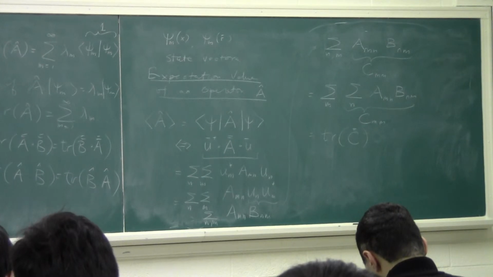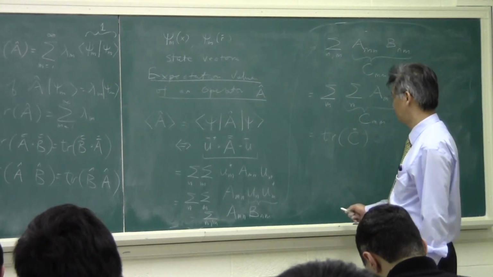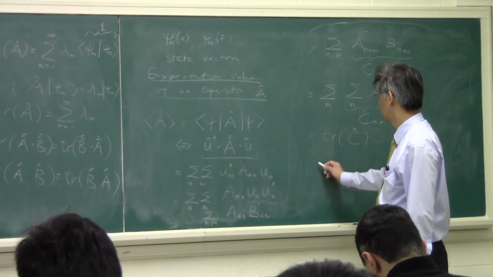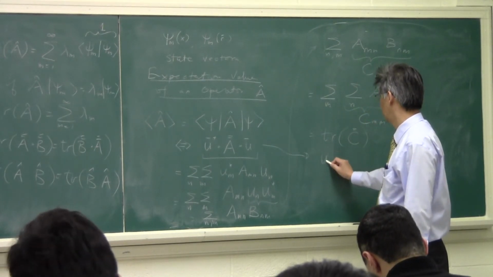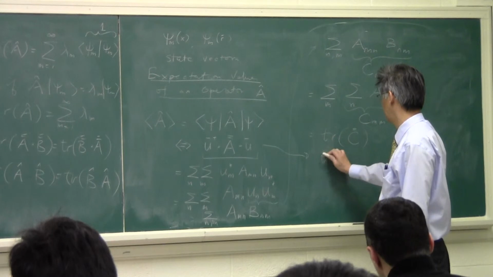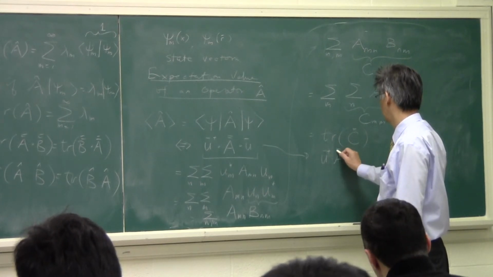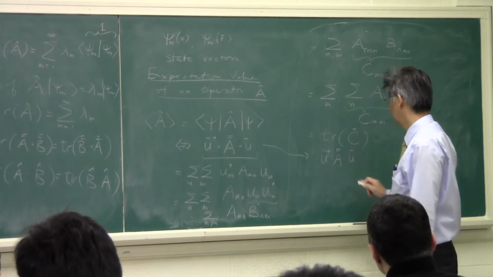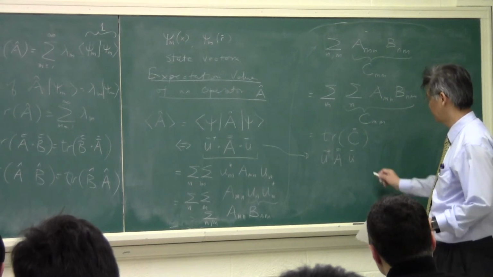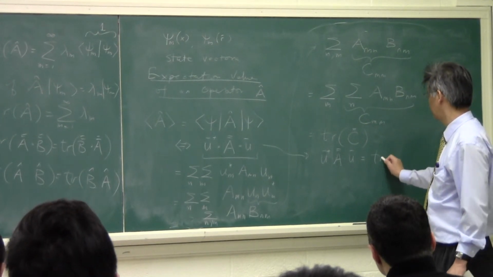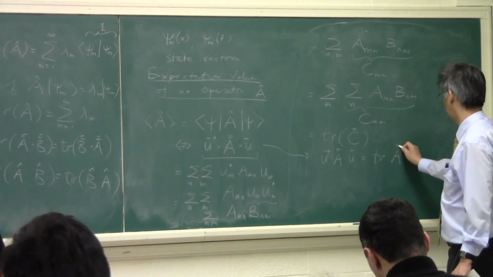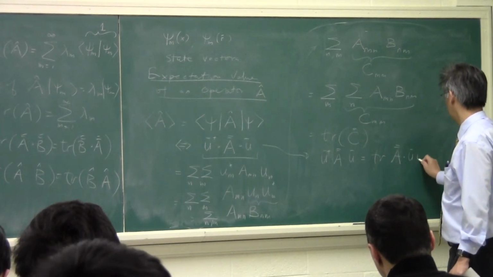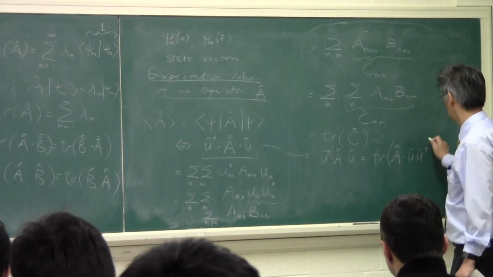But what you notice then is that if I were to take this explicitly, it just says that this inner product used to find the expectation value is the same as taking the trace of this matrix times that matrix. Okay, trace of that matrix times U transpose.